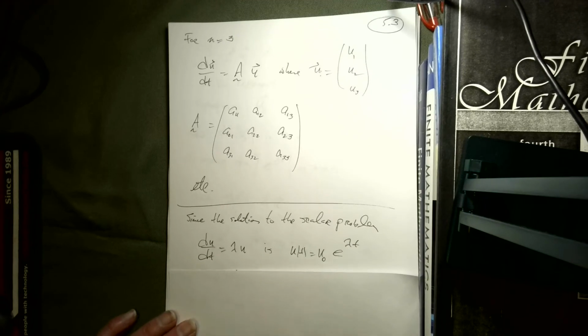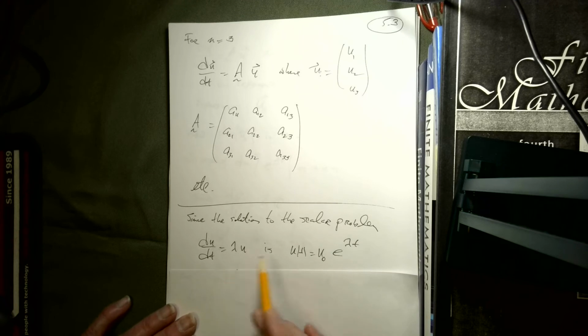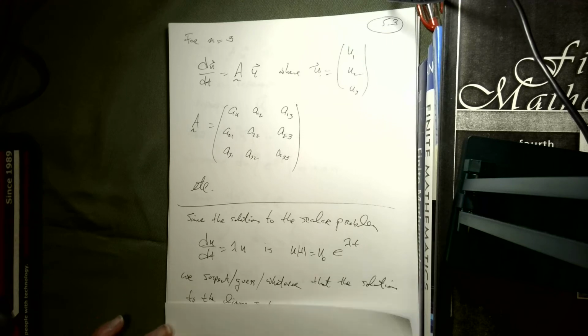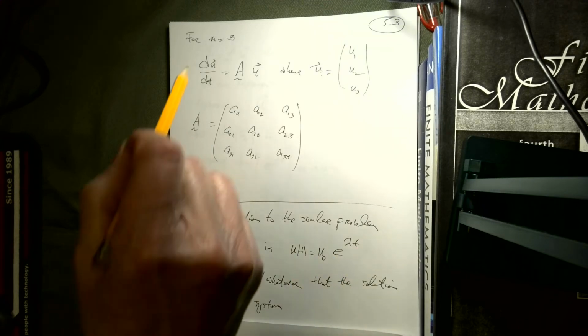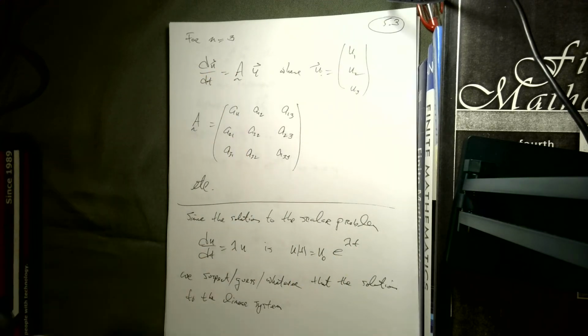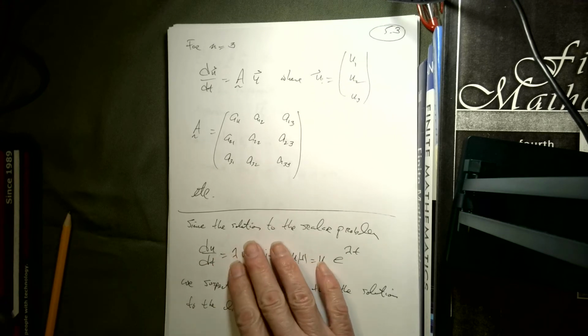So if we go back to the solution of the scalar equation, we know it looks like this. It's going to be an initial condition times the exponential part. So we suspect that maybe we could somehow use this to get the solution to this system. And that's where we're headed for today.